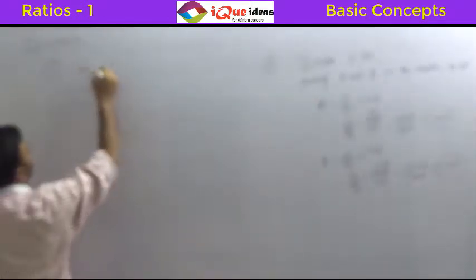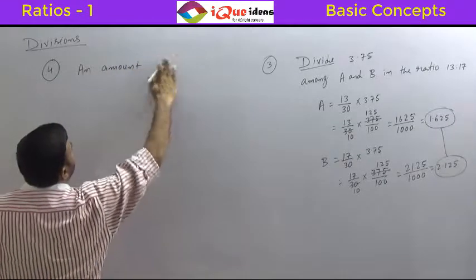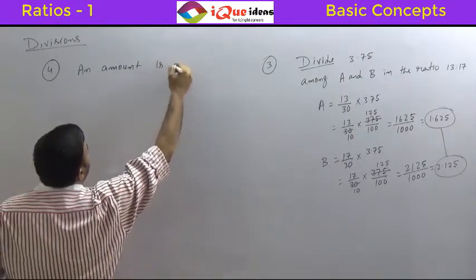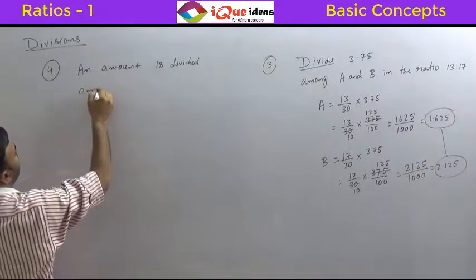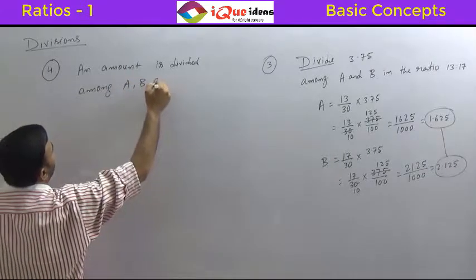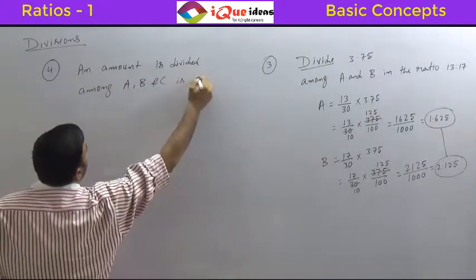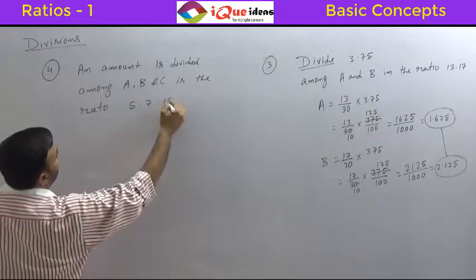An amount is divided among A, B and C in the ratio 5:7:15.